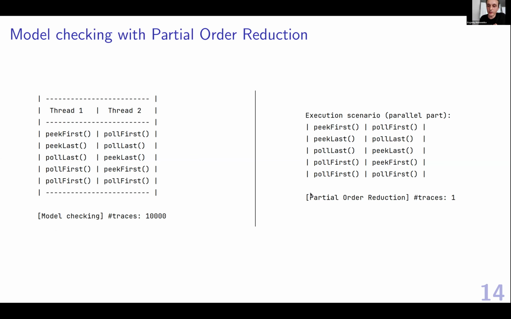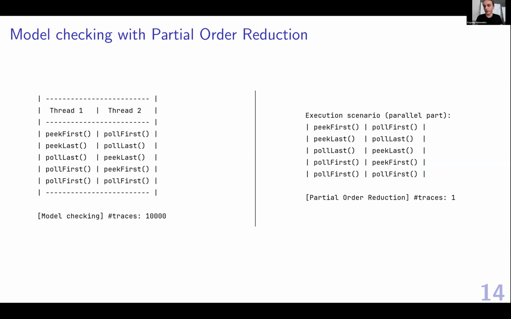Yeah, but the strategy with partial order reduction explores just one interleaving, because here it doesn't matter in what order you execute these operations, because none of the operations insert anything to the deque. So all the operations will just return null, and that's all. There's no point in trying different interleavings here.